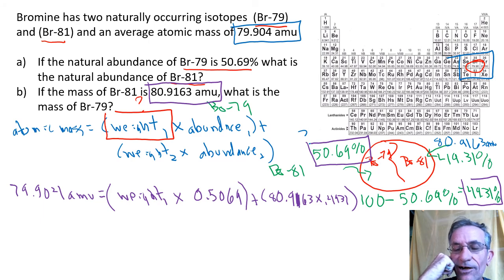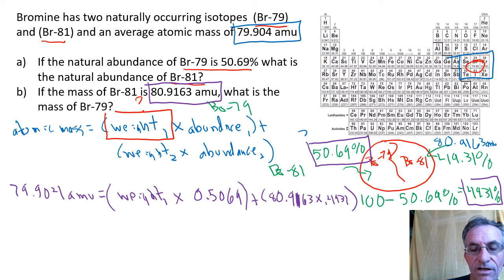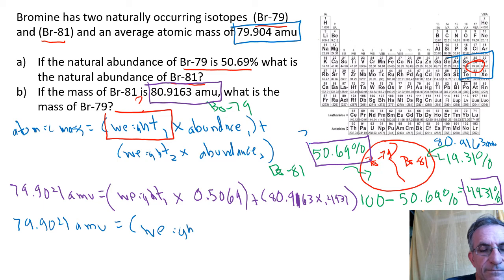When I learned algebra back forever ago, they always said to start with the stuff far away from what you're solving for. So I'm going to start by taking that 80.9163 number and multiplying it times the 0.4931. So let me start by getting these two numbers on the far right and multiply them together.